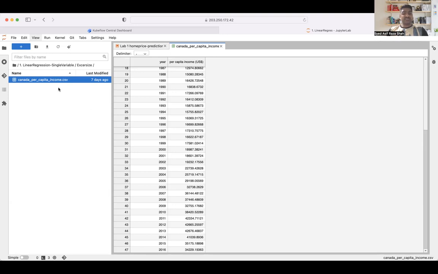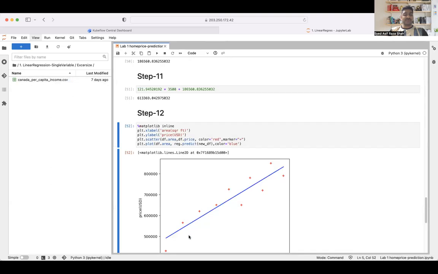So after writing that file, you have to submit or send that file to your instructor, and then your lab exercise will be completed. It's similar to this. So you have to perform this exercise.